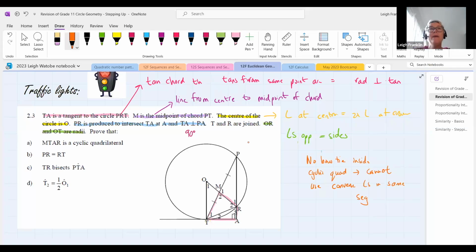Okay, so being able to prove a quad is cyclic is also related to being able to look at your information and decide what isn't appropriate. Okay, so in other words, if there's no bow tie inside, we immediately ditch converse angles in the same segment. That helps us to narrow our focus. So now we're thinking either proving that the opposite angles are supplementary, or we're looking for an exterior angle.